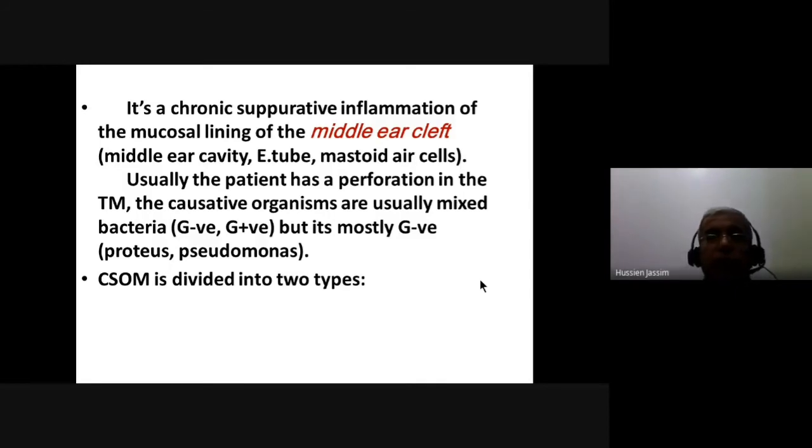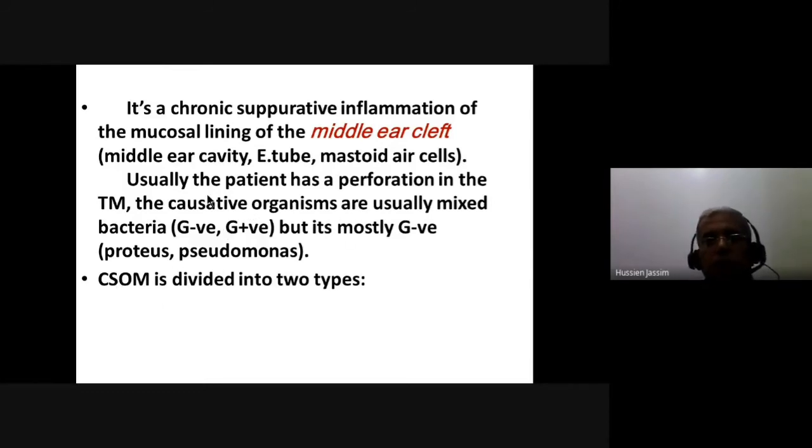So the fluid was infected, then it became acute otitis media, then the acute otitis media lasted more than 3 weeks, so it turned into chronic suppurative otitis media.